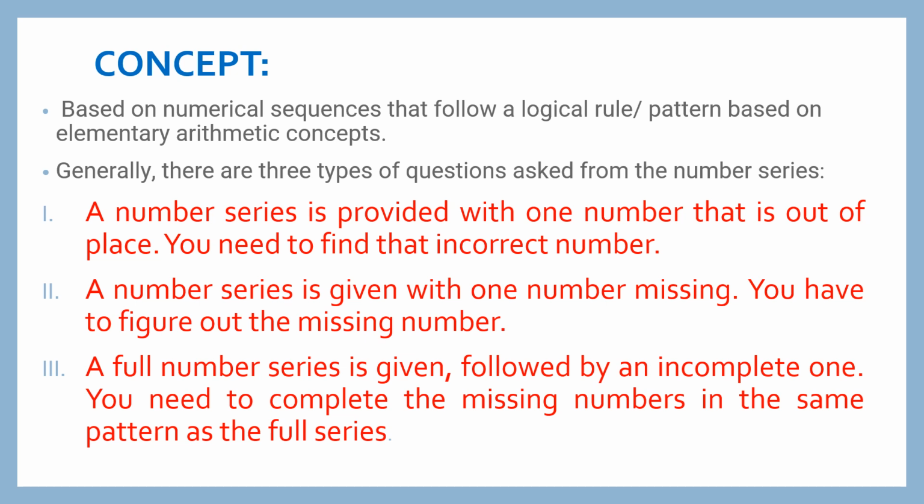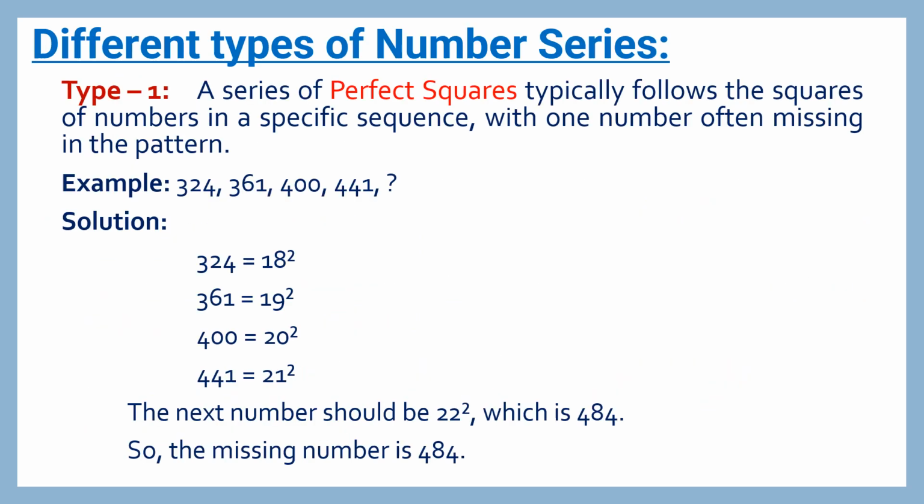You need to complete the next four or five numbers with the same pattern followed in the first four or five numbers. These are the three types they most commonly ask. Now we're going to see the different tricks we use in the number series.